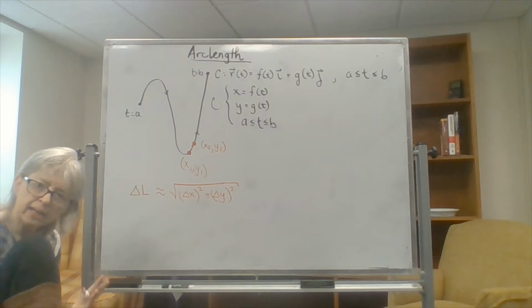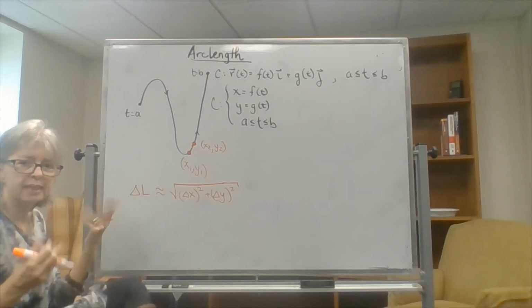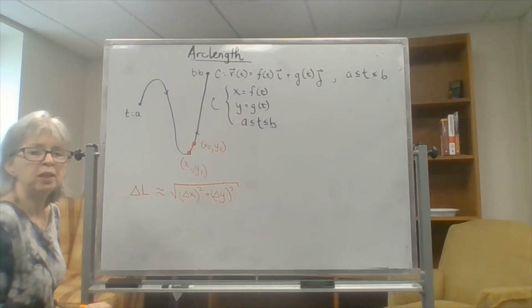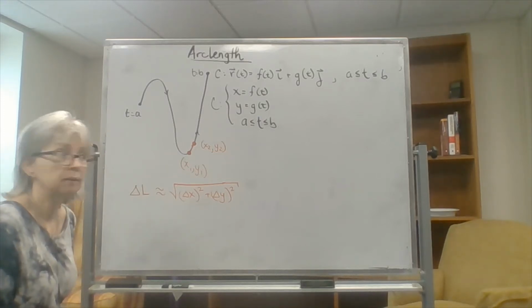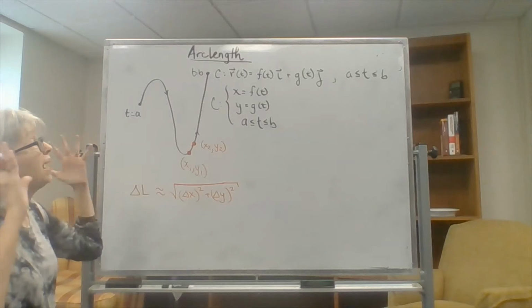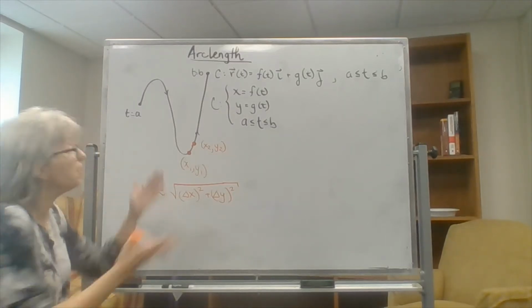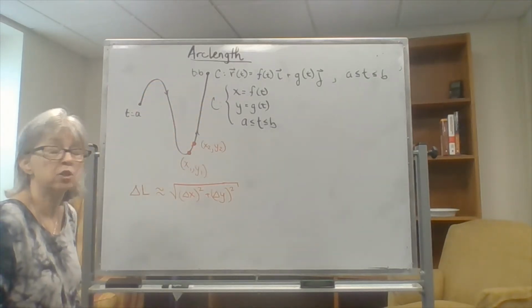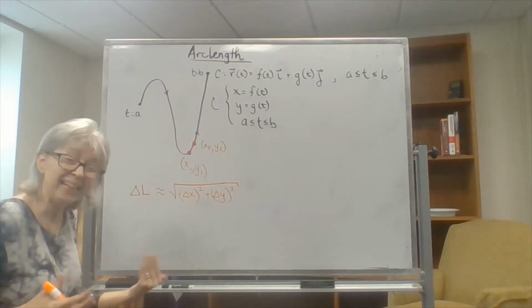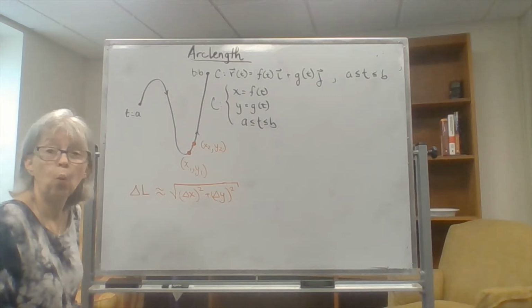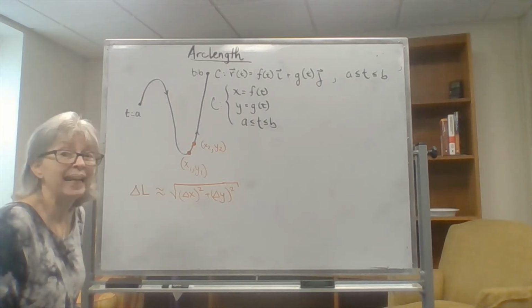Now what I'm going to do next is going to seem like I am pulling something out of a hat. I'm not pulling something out of a hat. I'm doing something intentionally so I can get back to, where did that curve come from? It came from a vector valued function. So how can I get back to my vector valued function? I need t back. T just went away and I need it back.